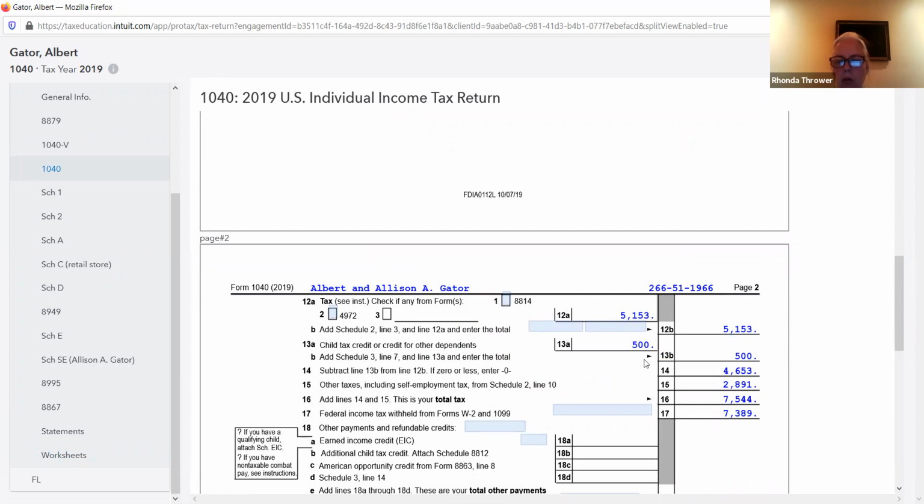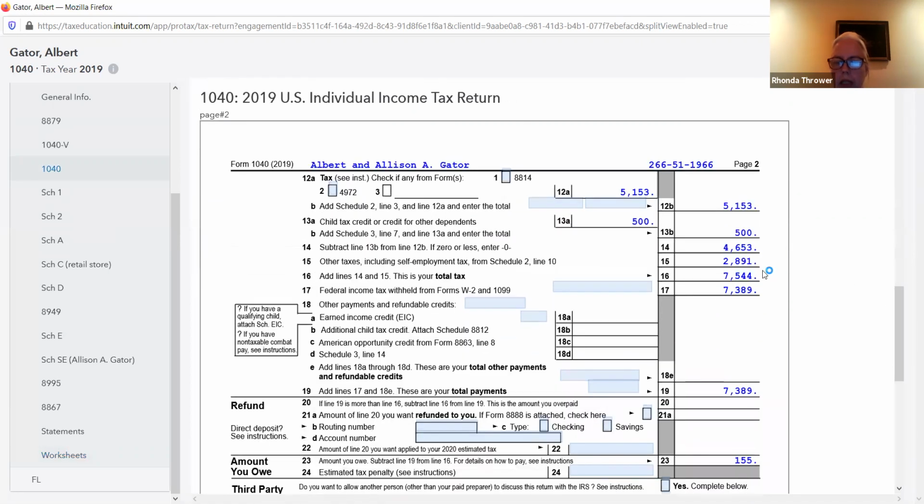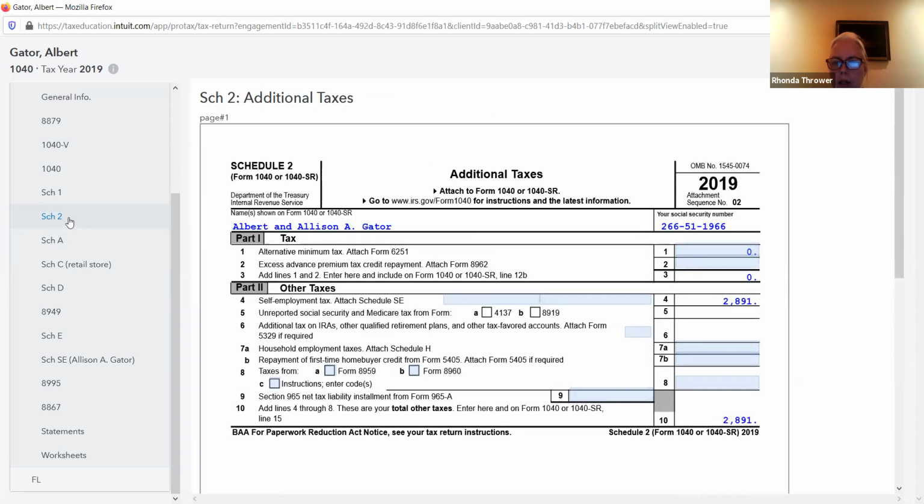And then there was a child tax credit because this person had a child that they could take. And then you would subtract the 500 from this to give you line 14. And then other taxes, including self-employment tax from Schedule 2, line 10. You go back to Schedule 2, line 10, it's $2,891.